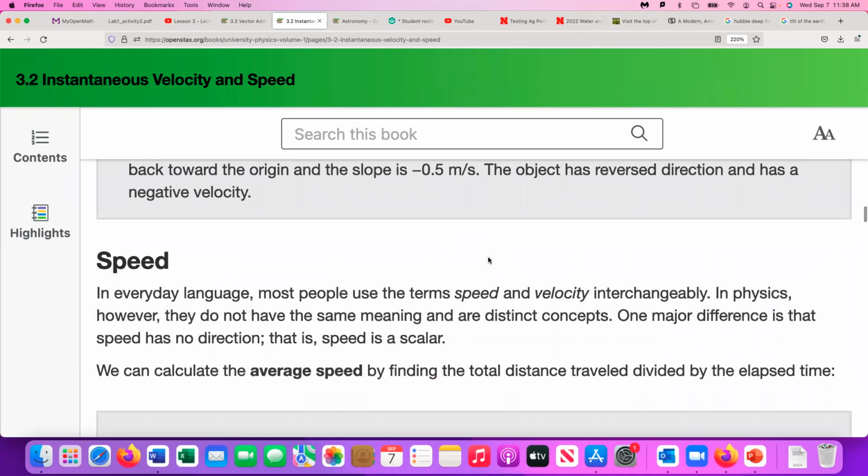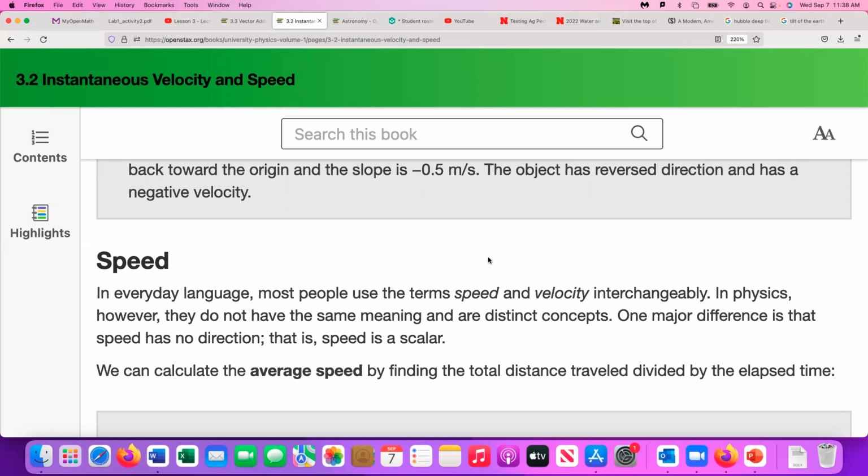All right, so speed. We've talked about position, displacement, distance, average velocity, instantaneous velocity. Now speed. Well, speed is similar to distance. It's not something that cares about direction.